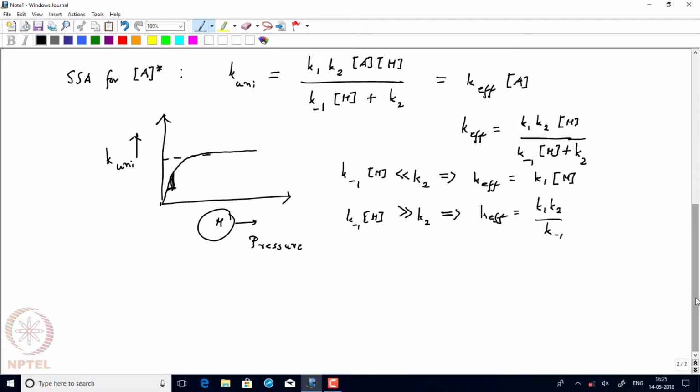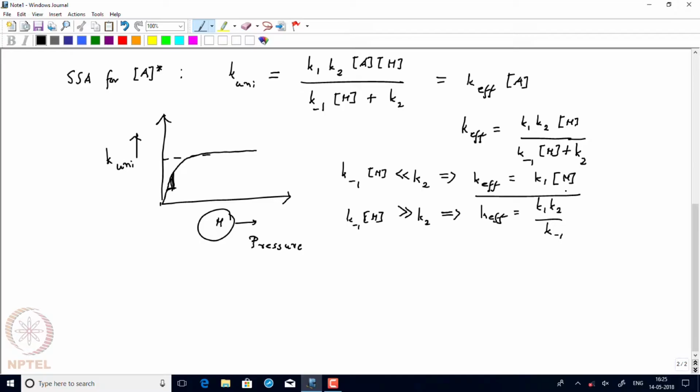So whatever collision results in formation of energized molecules, those will give you product, and that is why with an increase in pressure we have an increase in the collisional activation or energization, the very first step, the forward step in that equilibrium.